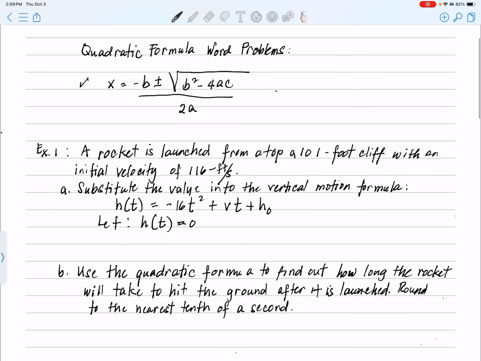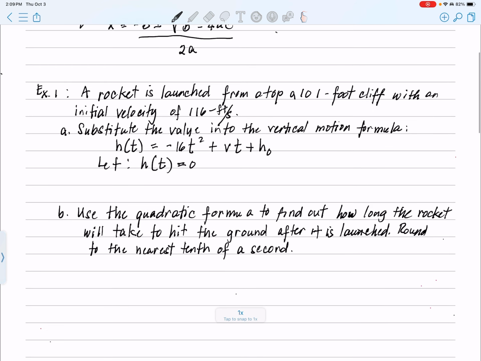Let's have example 1. A rocket is launched from atop a 101-foot cliff with an initial velocity of 116 feet per second. Substitute the values into the vertical motion formula: h of t equals negative 16t squared plus v times t plus h sub o.